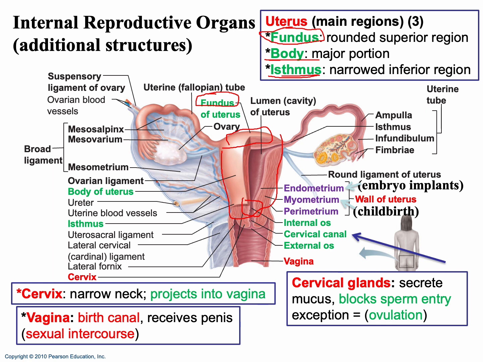What we can also see on here is the wall layers of the uterus. So we take a look now at the wall layers. The innermost wall layer is the endometrium. Endo means internal. So this is where the implantation will occur of that fertilized egg, eventually embryo.